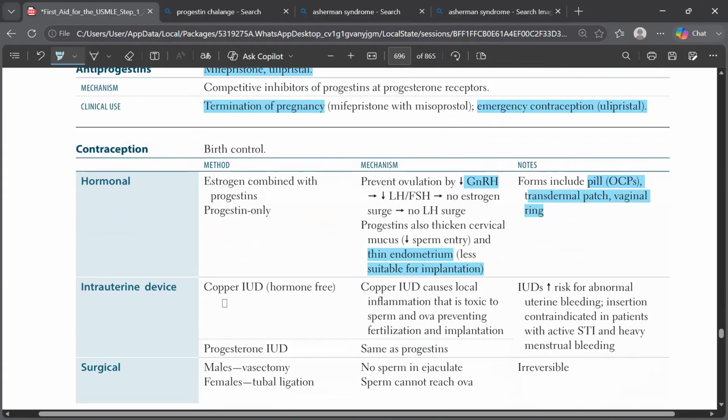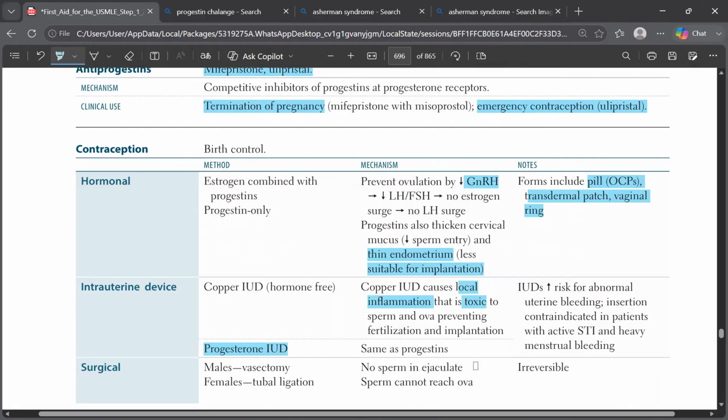Then we have IUD, which is copper IUD, hormone-free, and progesterone IUD that is not hormone-free, as given by its name. The copper IUD causes local inflammation that is toxic to the sperm and ova, preventing fertilization and implantation. So it basically causes inflammation that is toxic and kills the sperm and ova, and this prevents fertilization and implantation.